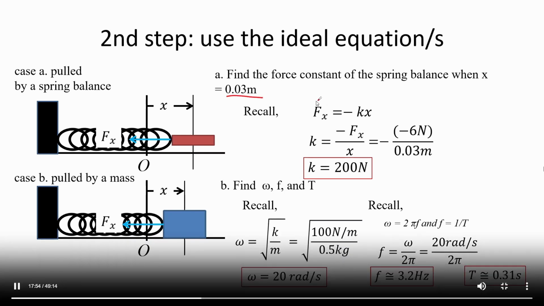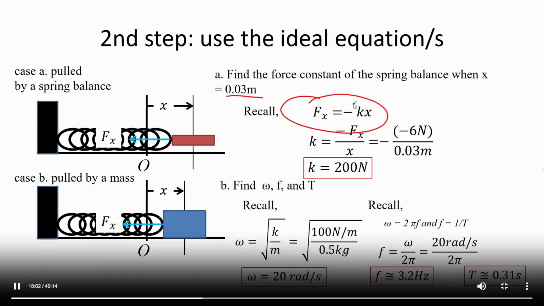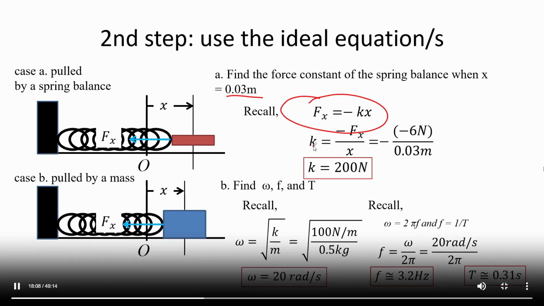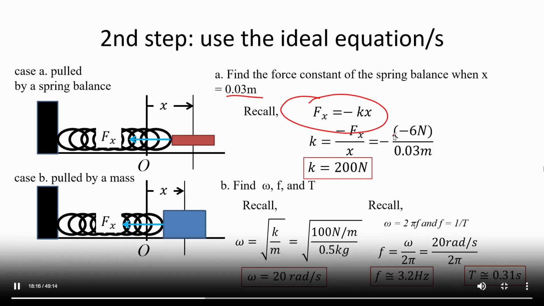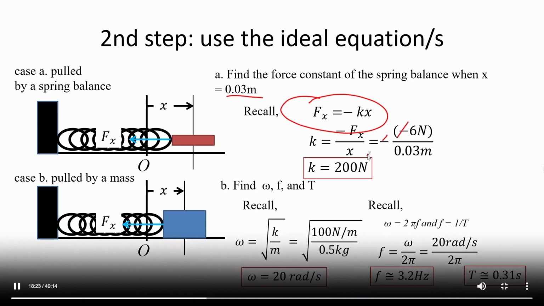So we recall the expression for the restoring force, Fx is equal to negative kx. This is for a spring problem. K is what we are looking for, we rewrite that one as k is equal to negative Fx over x. So we know the restoring force is 6 newtons. So 6 newtons divided by 0.03 m. The negative here cancels out. Okay. So k is equal to 200 newtons per meter.